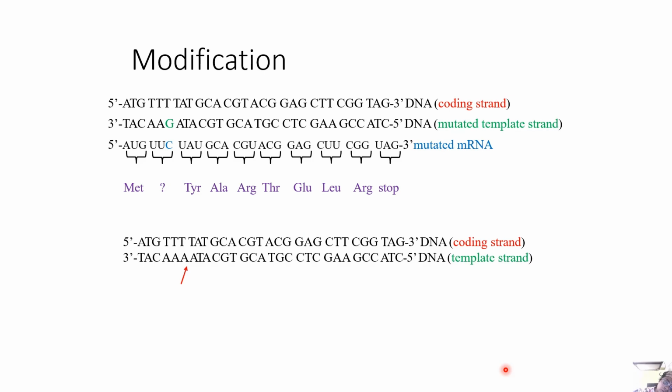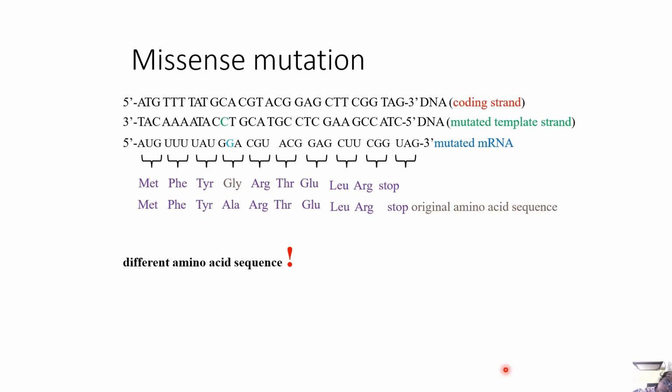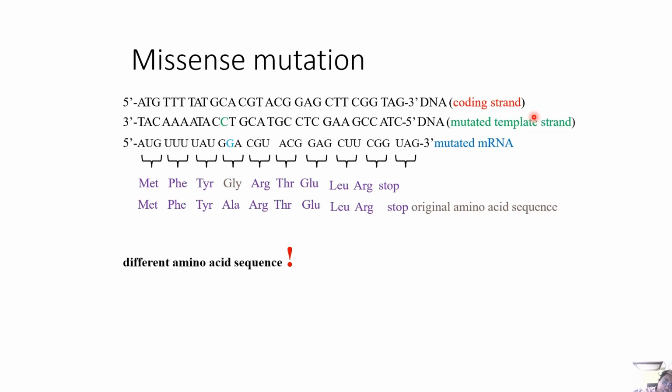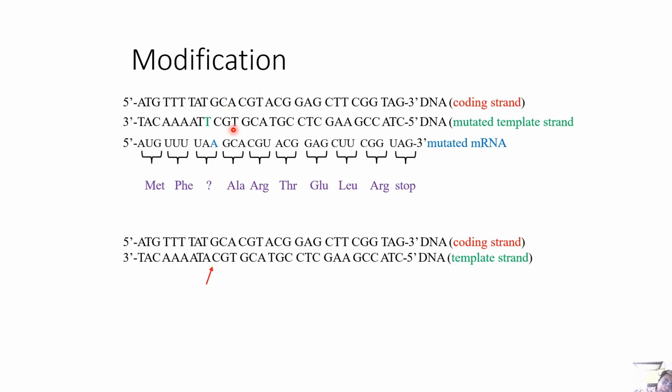Now we can talk about different types of mutations. There is a mutated coding strand, a mutated template, and a mutated RNA. Or there is missense mutation, which gives rise to a different amino acid sequence because there is a mistake over here, a mutation, and that also leads to a mutated mRNA.